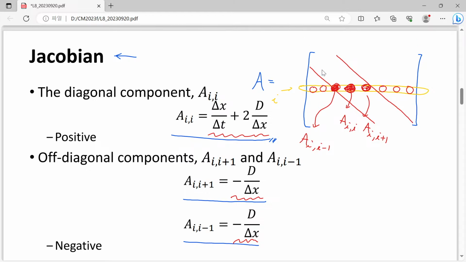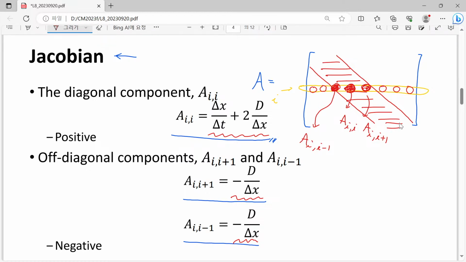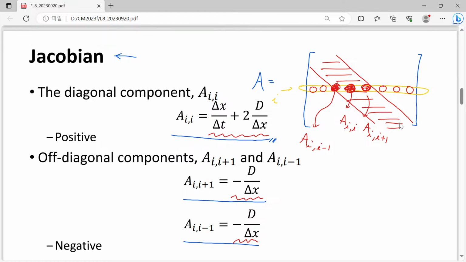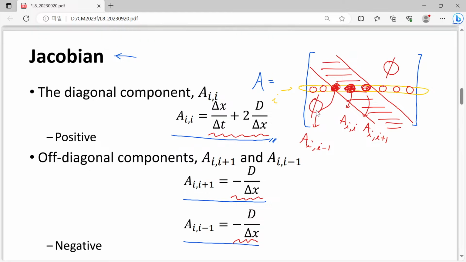When you have such a matrix, only this shaded area will be filled by non-zero elements, and all of the upper part and the lower part are completely filled with vanishing components. So this is just a tri-diagonal form.